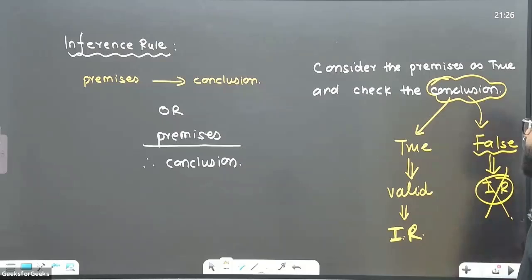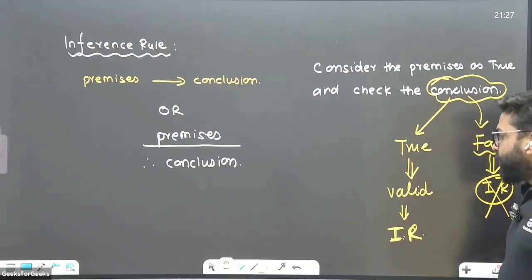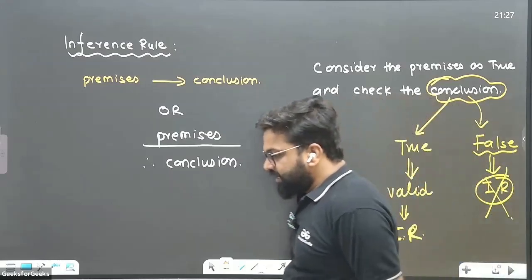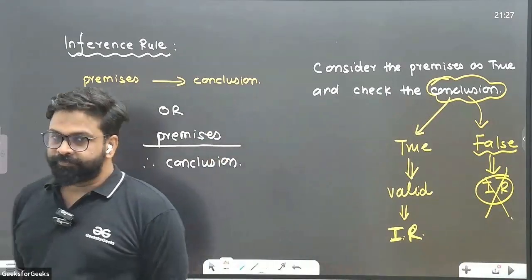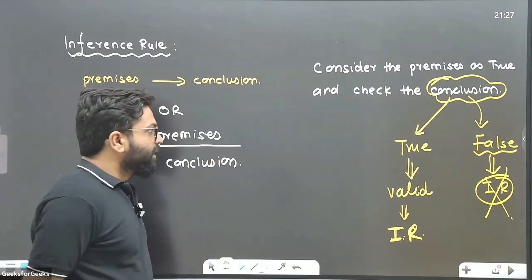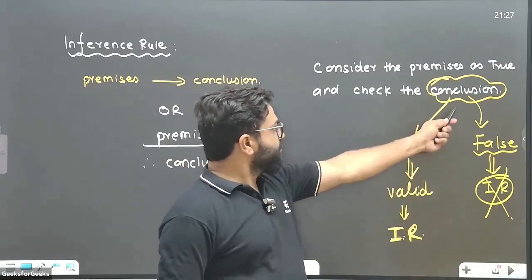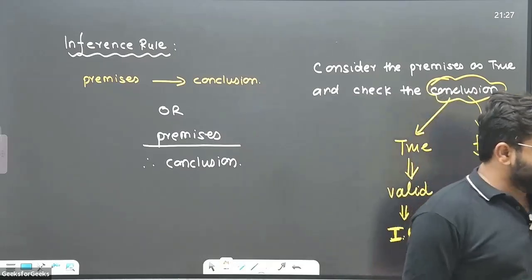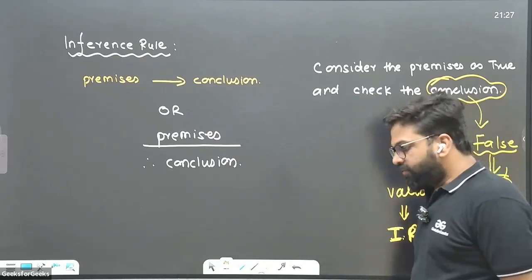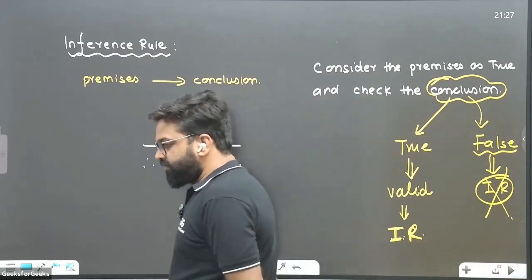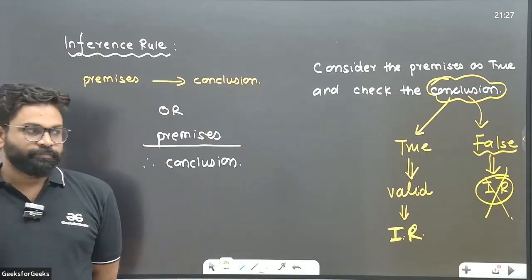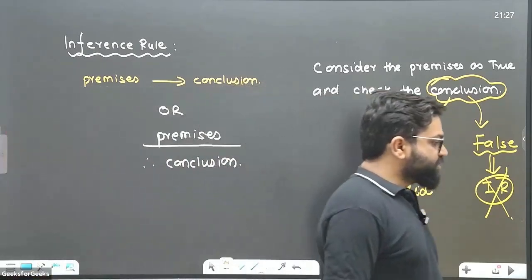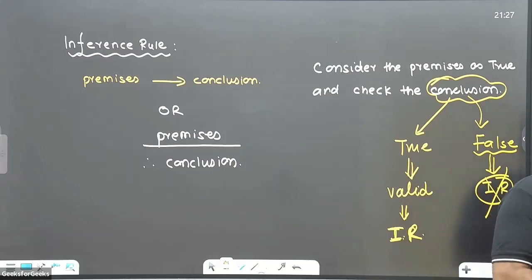If the conclusion comes out as true, then it is valid, and it comes under the inference rule. True implies valid, and 100% it comes under the inference rule. Otherwise, it does not come under the inference rule.